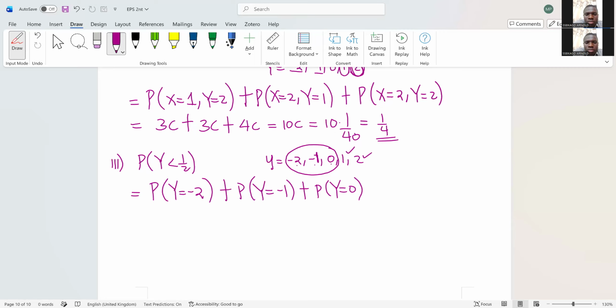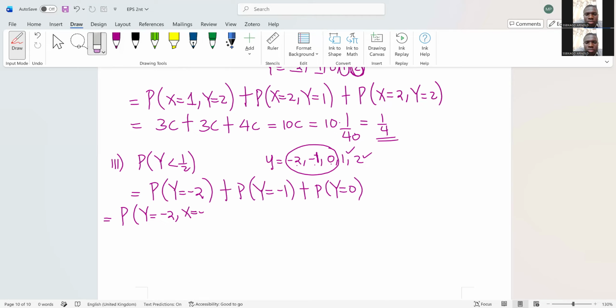So for Y is -2, that is the same thing as saying the probability of Y equals -2, comma, X is -2.